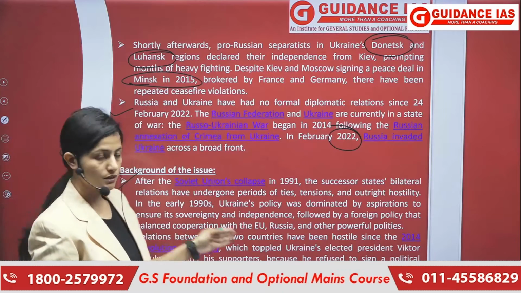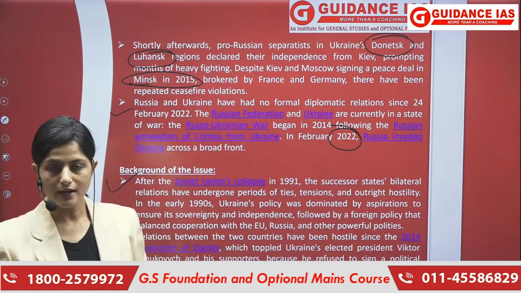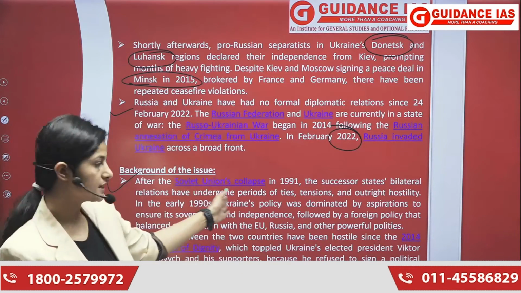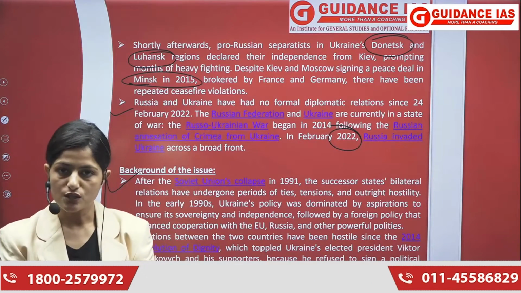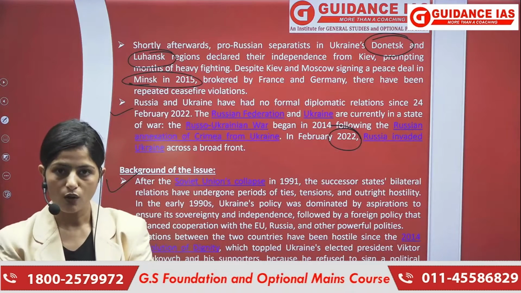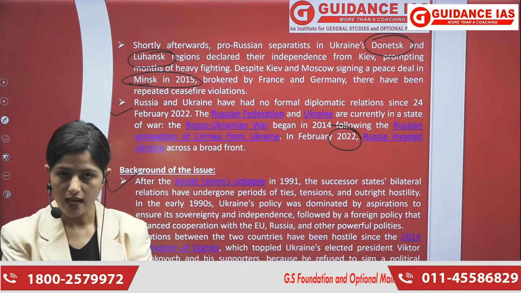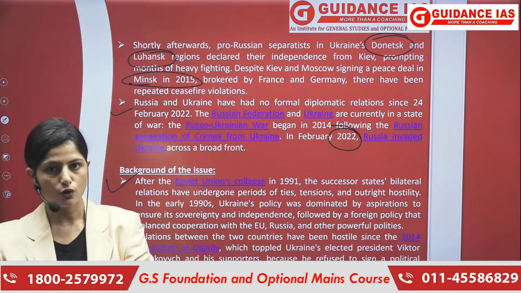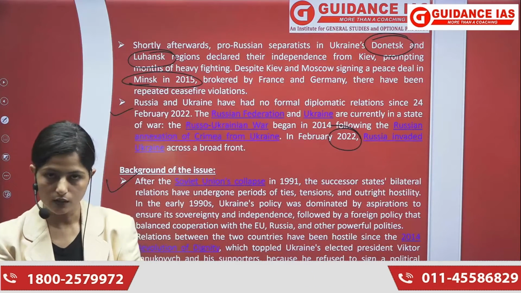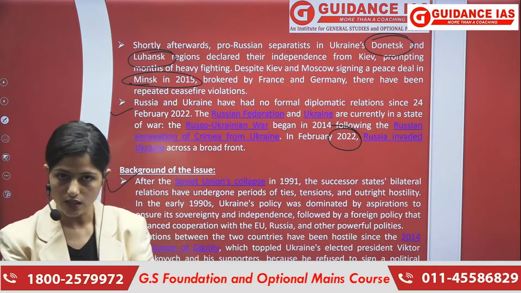Once the Cold War ended, the disintegration of USSR happened. We know this, right? And once it disintegrated, the successor state of USSR was Russia, and the other countries, the Central Asian countries, Ukraine and the European countries, got independence from the USSR. Okay?